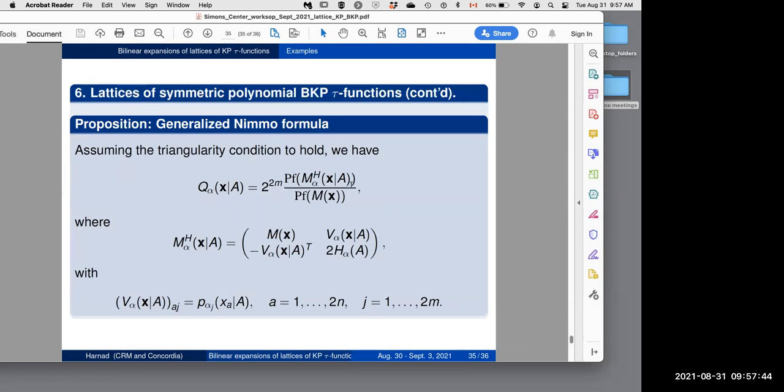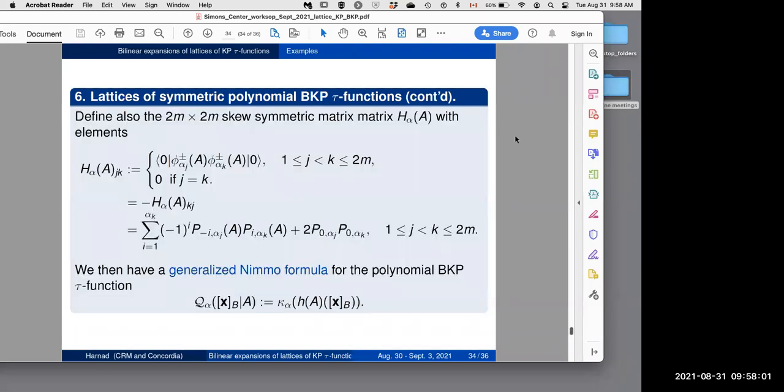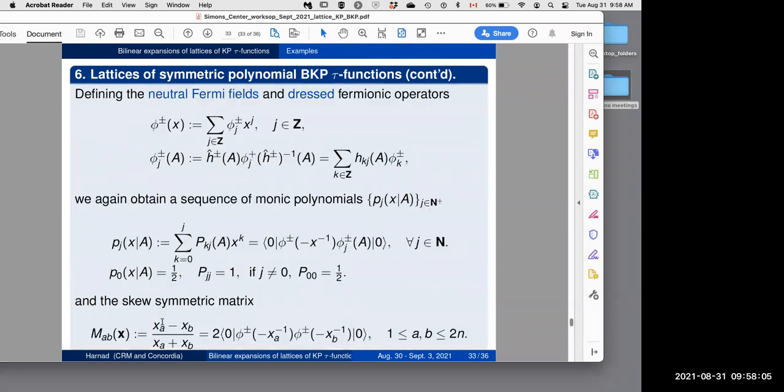I have to define everything here, but this would be Nimmo's formula in the special case where V is 0. M of X is just the standard Hilbert matrix, which looks like this, X_A minus X_B over X_A plus X_B. Sorry, the V is not 0, I'm sorry.